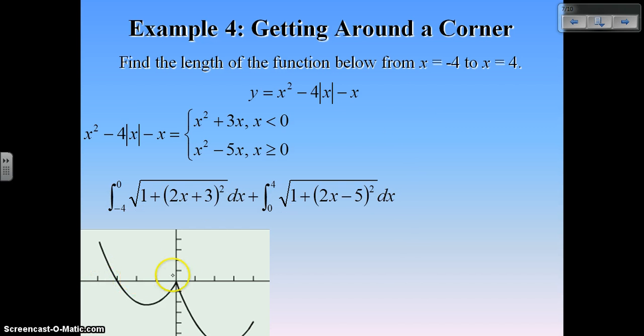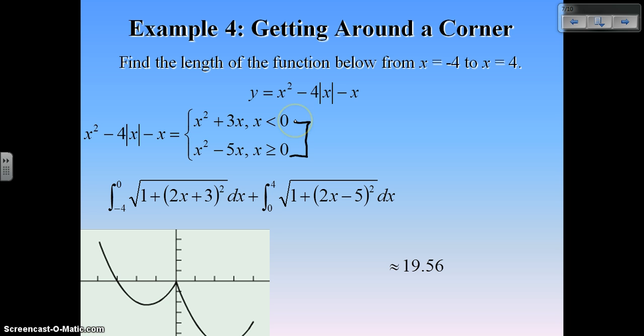So, for instance, I'm going to go -4 to 0 of 1 plus, now the derivative here would be 2x plus 3 squared, plus, and then we go 0 to 4 for 1 plus 2x minus 5, the derivative squared. And then plug that again into your calculator. Calculators are wonderful things, aren't they? 19.56 units long.